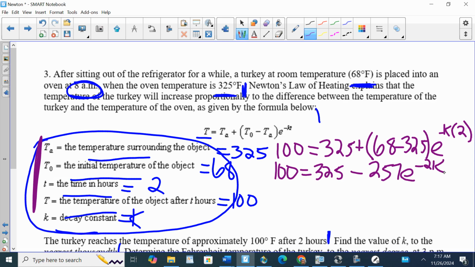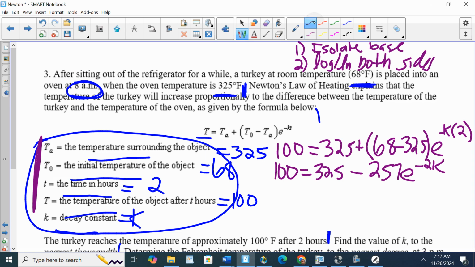To solve an exponential equation, I need to isolate the base and I need to log or ln both sides. So I need to get the e by itself. I always add or subtract first.